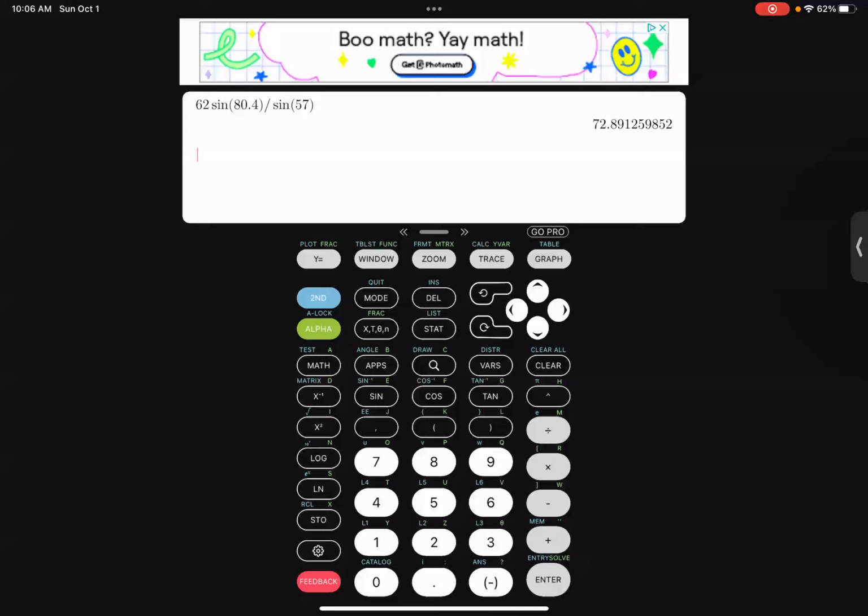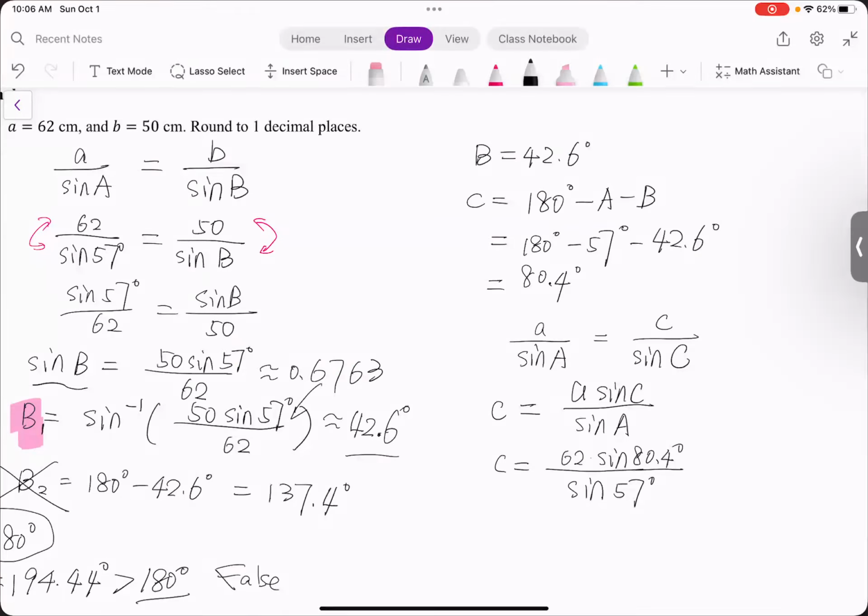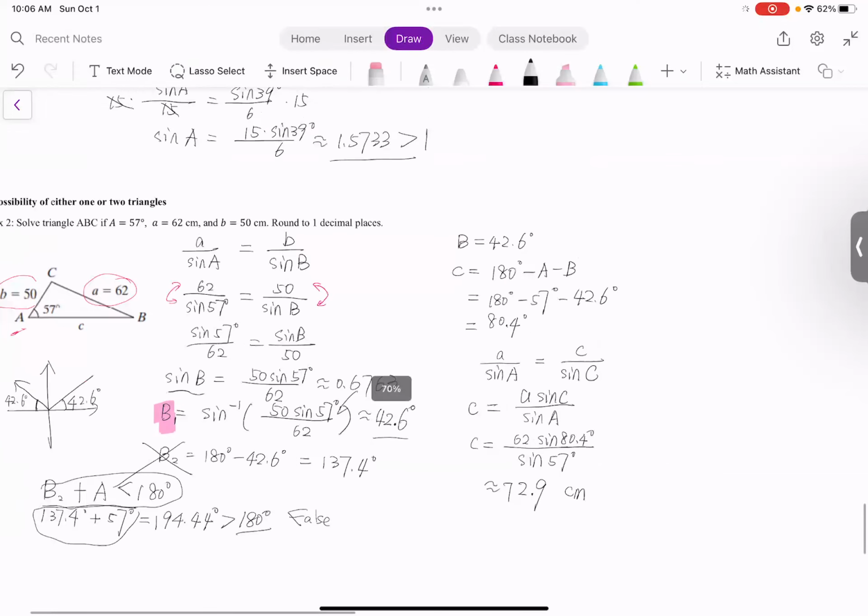That's 72.89125 something. So I keep one decimal place. I have 72.9. So the solution of c is 72.9. And what is the unit? Centimeter.